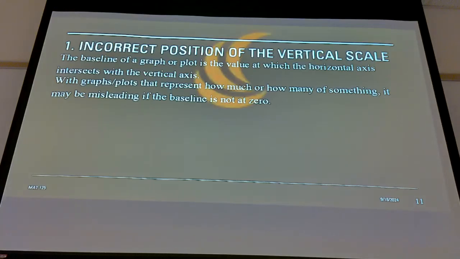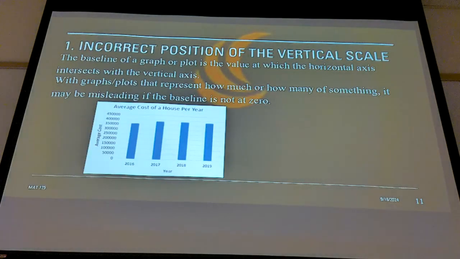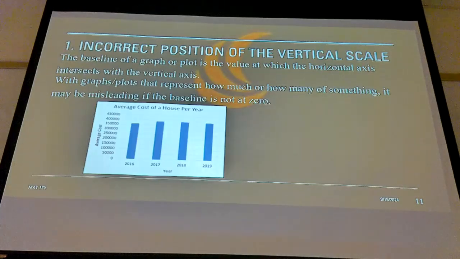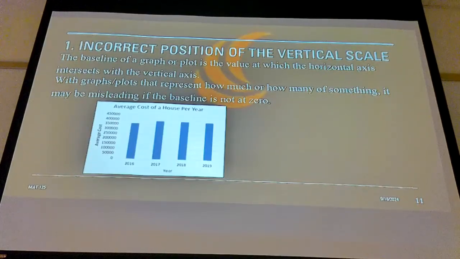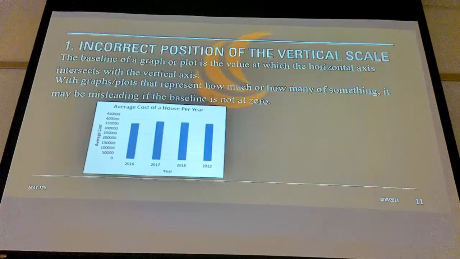So here, average cost of a house per year from 2016 to 2019 is a proper positioning. We start at the origin. So average house cost doesn't seem to have fluctuated that much.